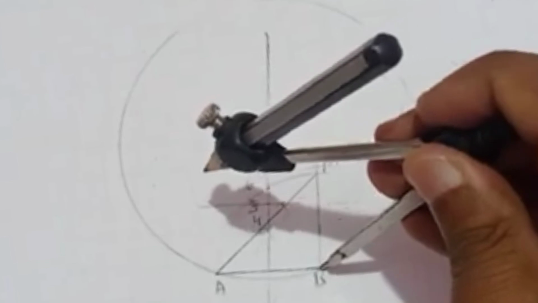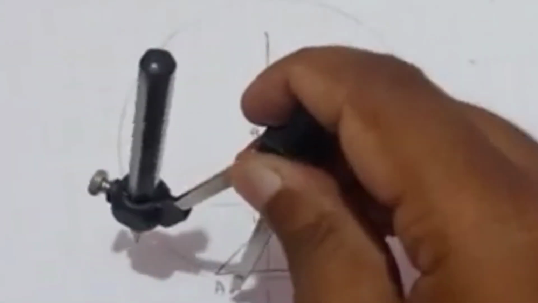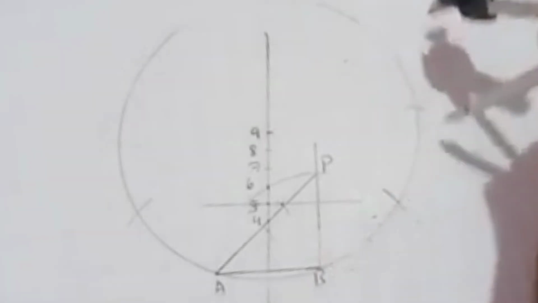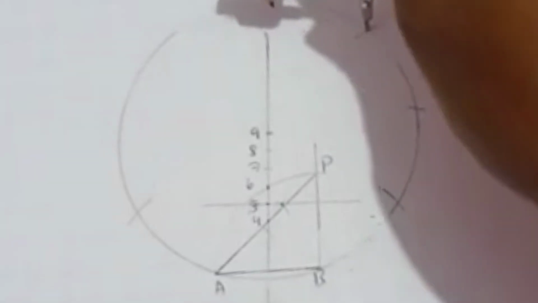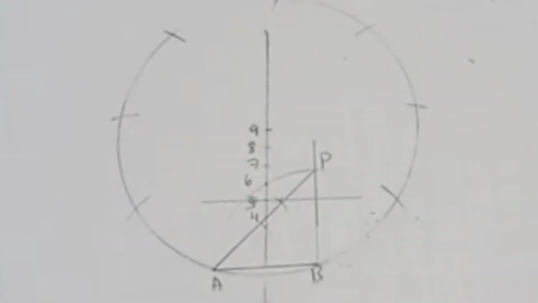Now after this you can measure the length of 30, that is the AB length, and start cutting the arcs. So now you can give the namings here.